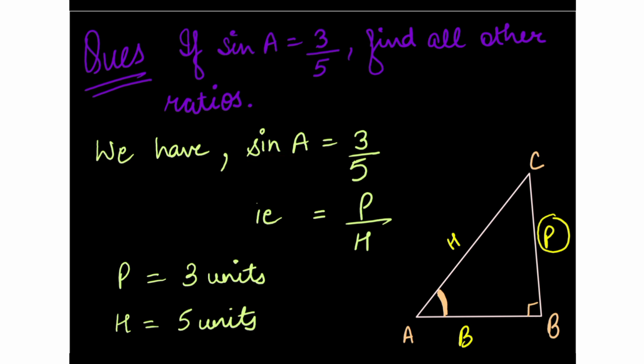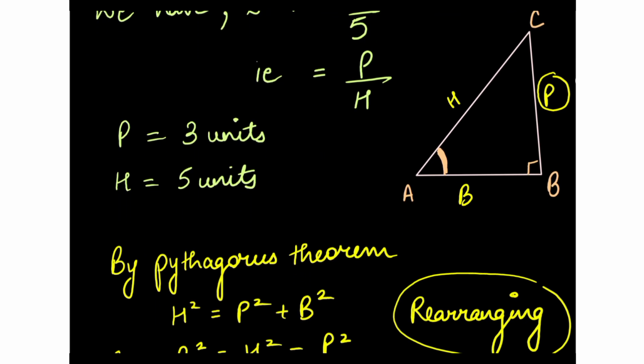Sin A is 3 by 5. Now, as we all know, sin A is perpendicular upon hypotenuse. So by comparing these two, we can say the perpendicular is 3 units and hypotenuse is 5 units. Now, we can apply the Pythagoras theorem in this right angle triangle ABC.